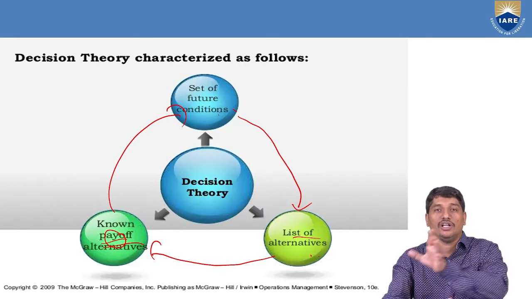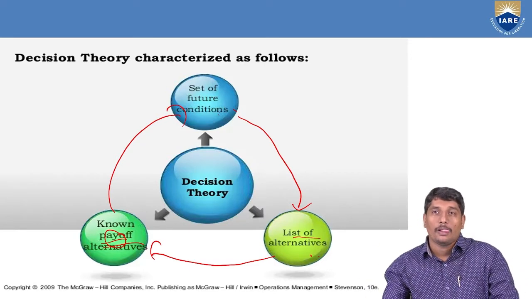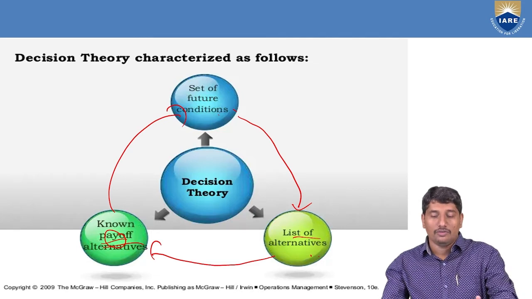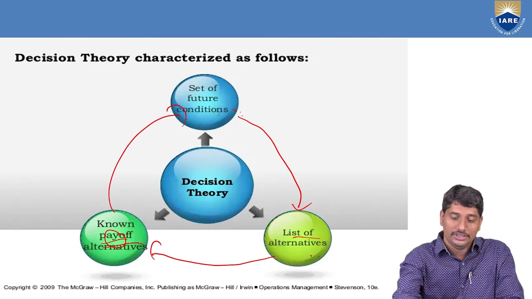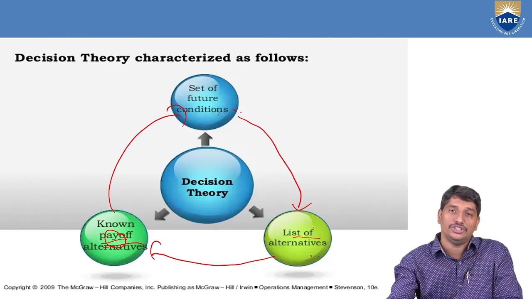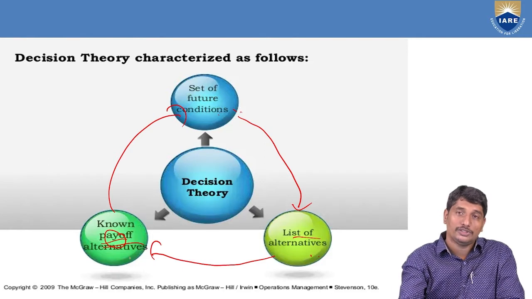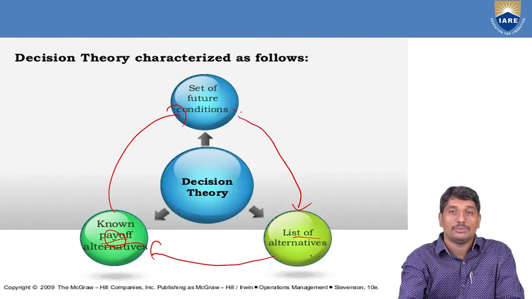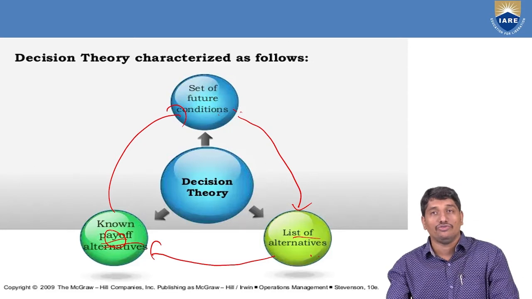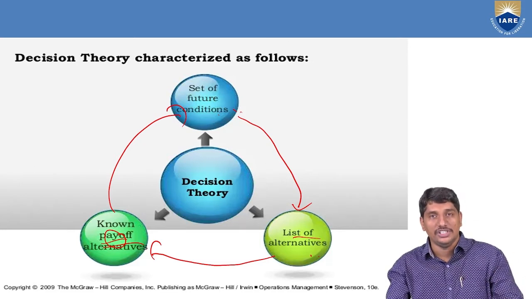So this is like a cyclic path. That means we set a goal, list all the possible alternatives, and assign a number to each alternative or decision. It may be positive or negative, and we do some calculations on that matrix, and finally, based on the calculation answer, we take a decision and try to reach the goal which we set up initially.